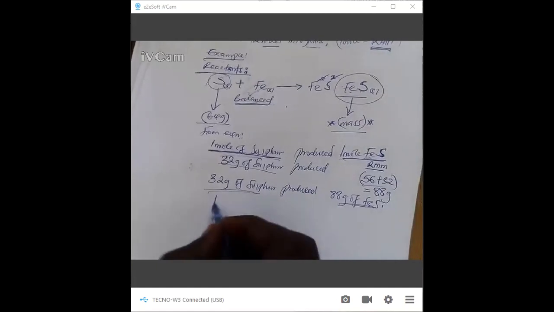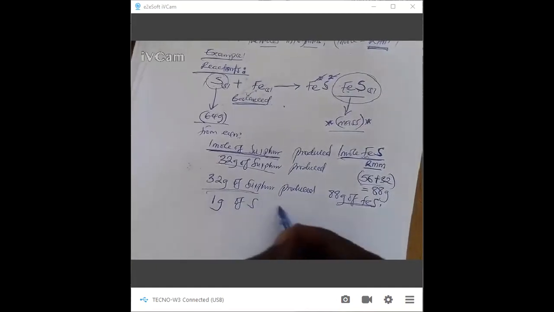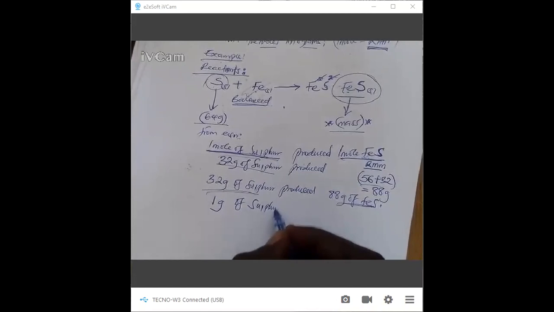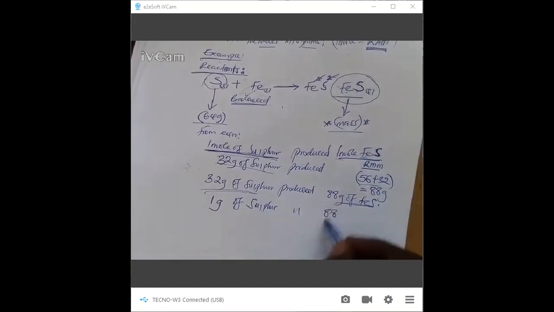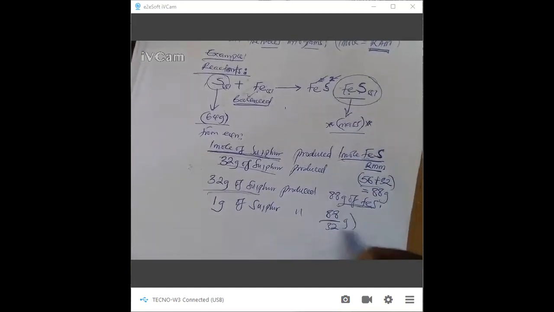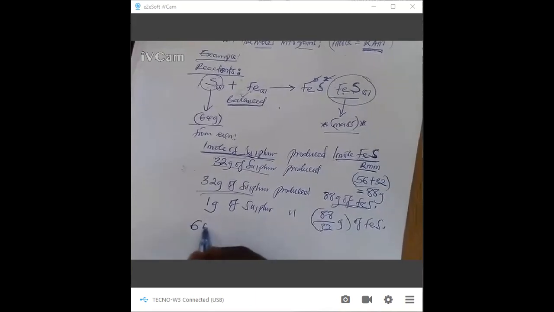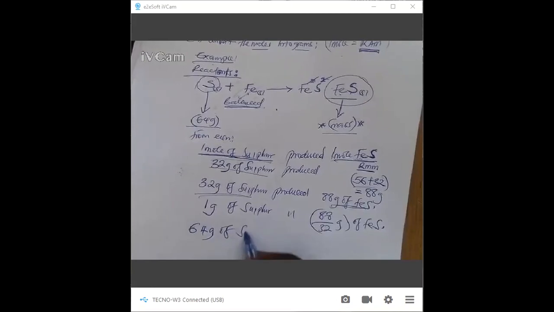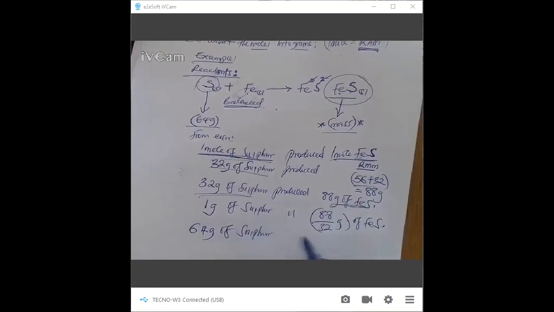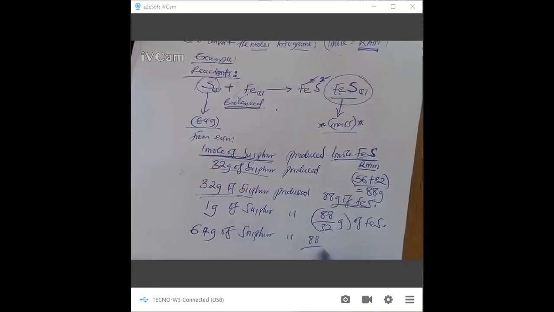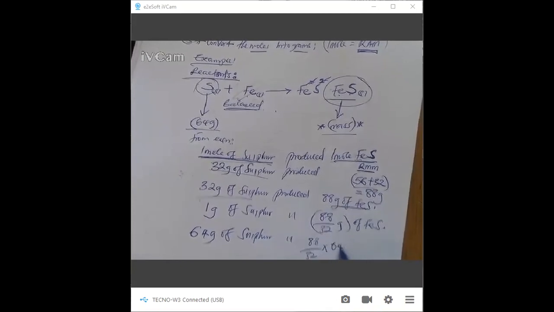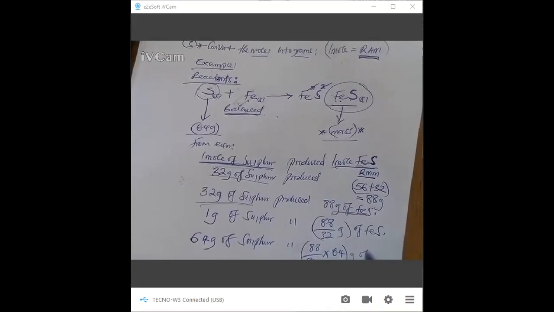So what about 1 gram of sulfur? It produced 88 divided by 32 grams of iron sulfide. Then ask yourself, what about 64 grams of sulfur? It produced 88 divided by 32 times 64 grams of iron sulfide.